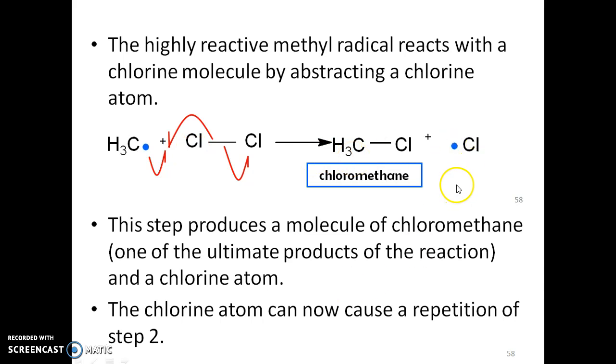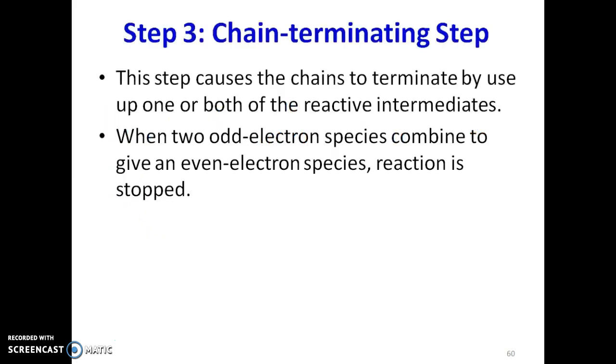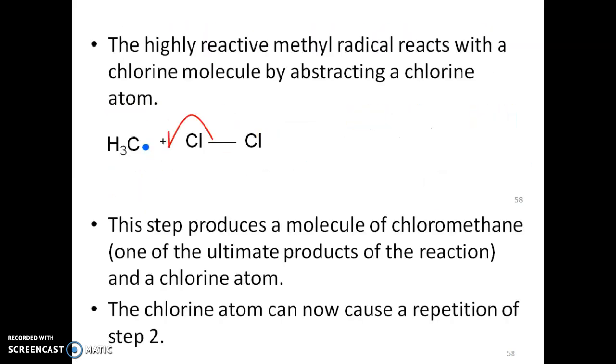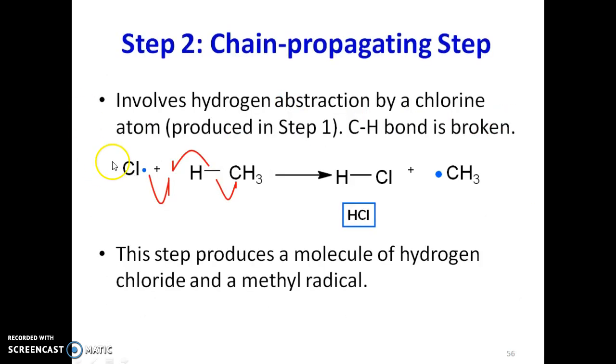As we know, if we produce a Cl free radical, a free radical is very reactive. So it will initiate another reaction in the chain propagating step, which is reacting with another CH4 that hasn't reacted yet. So it will produce this equation again: Cl free radical reacts with another CH4.